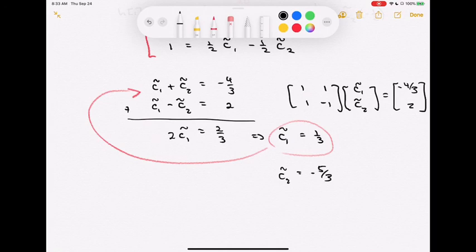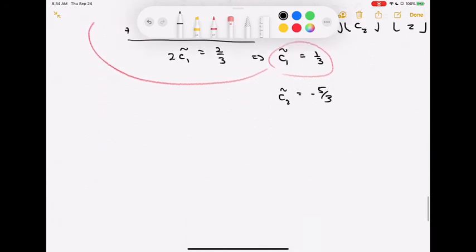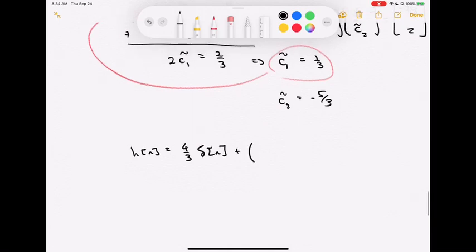By doing that substitution, now I've got every single piece that I need. I can complete this thing out, and I can see that h of n is equal to 4/3 delta n. That was completely determined from the difference equation coefficients, plus in here, and I knew I had a 1/2 to the n term, and I knew I had a minus 1/2 to the n term.